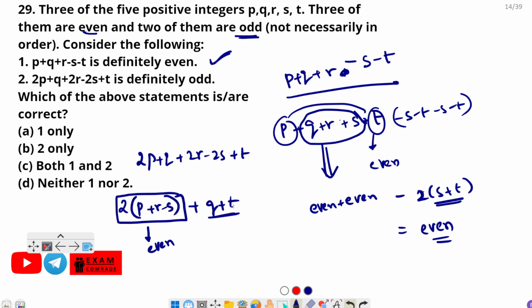Okay, we don't know whether Q and T both are odd or both are even. If Q plus T, we don't know whether Q is even or T is even or Q is odd or T is odd. So we cannot surely say that this statement is odd. So only one statement is correct.